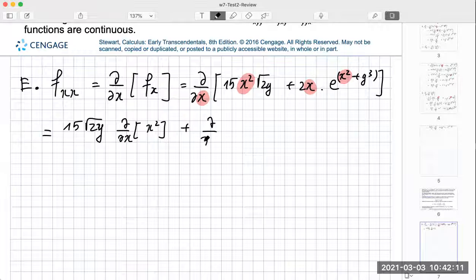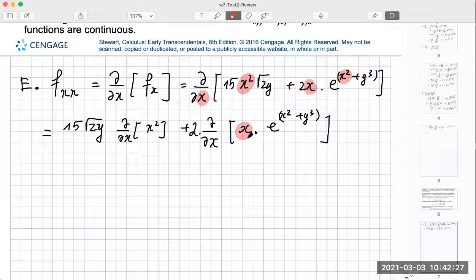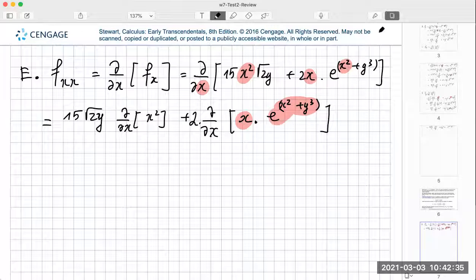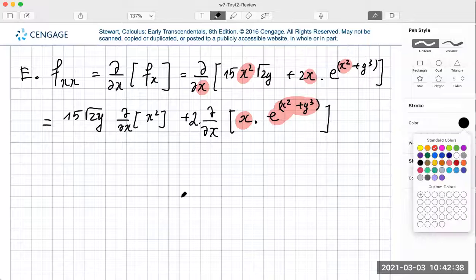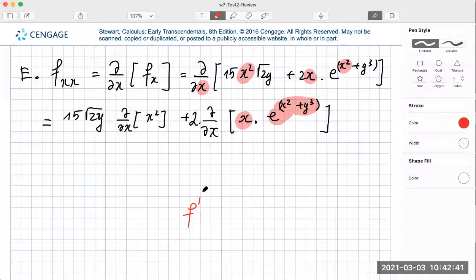It is a partial derivative of a product. The number 2 we can write here. It is 2x times e to the x squared plus y cubed, right? A product of two things, x and e to the something. If you don't remember, let me remind you of this formula: (f g)' is f' g plus f g'.